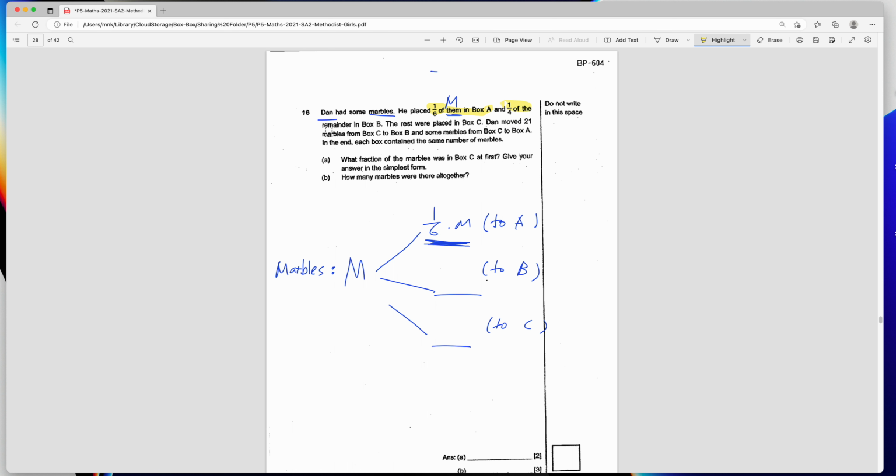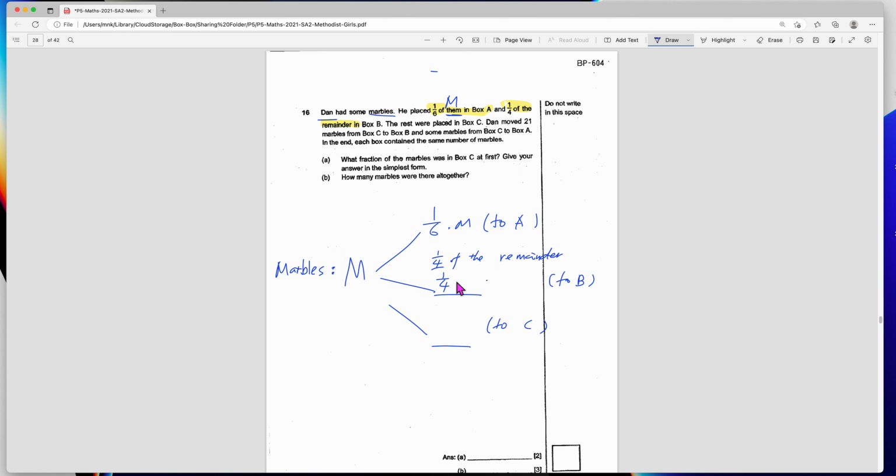Okay. Then over here, what does this statement mean? 1/4 of the remainder. What's the meaning of 1/4 of the remainder? So I just write this down. Until you are so familiar, then we don't have to write so many things. So first, 1/4 means 1/4.